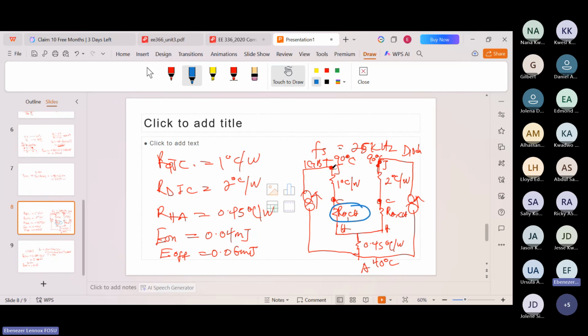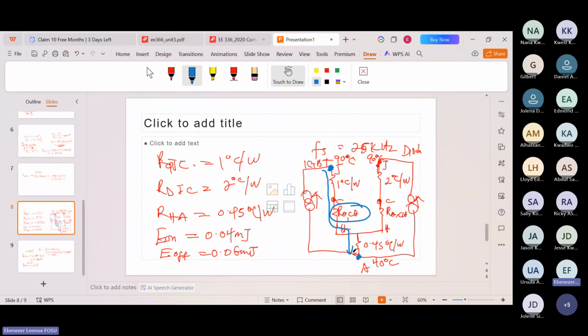If I take a loop from here to here, that is on the IGBT side. What would be the equation? We know that temperature is like voltage, so at the junction I have a certain potential, and there is a certain potential at this point.